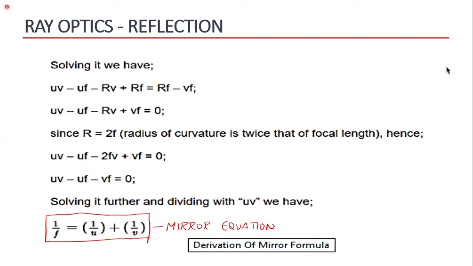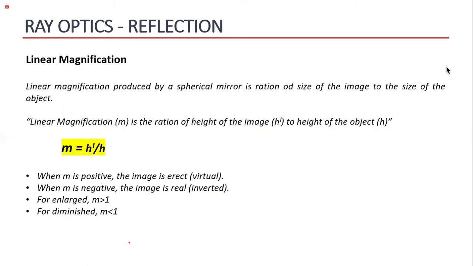You cannot say, sir, in derivation I have already included sign convention and got my formula, should I again use sign convention? Yes, you have to again use sign convention. Clear? Any doubt in this? We'll do these next 2 slides and then we'll try to solve some numericals on spherical mirrors.